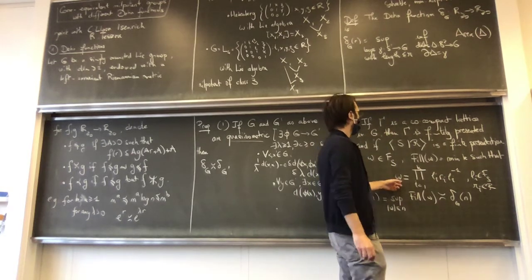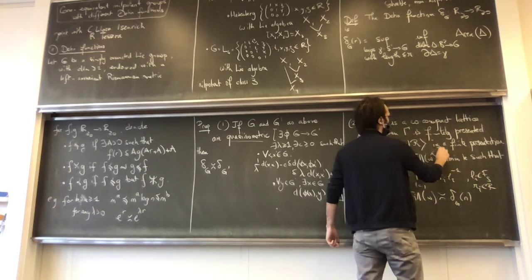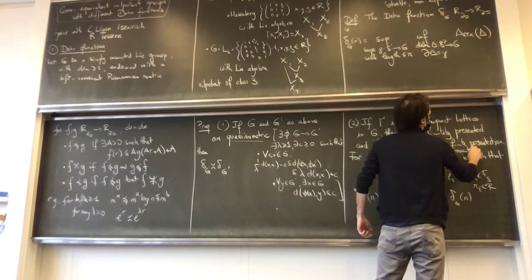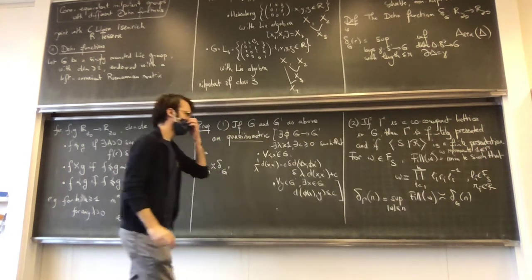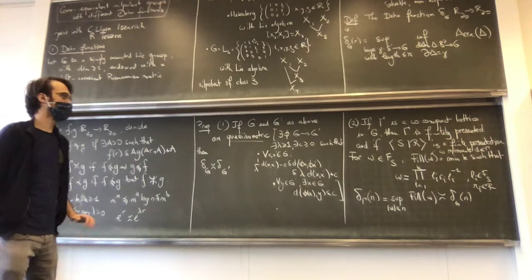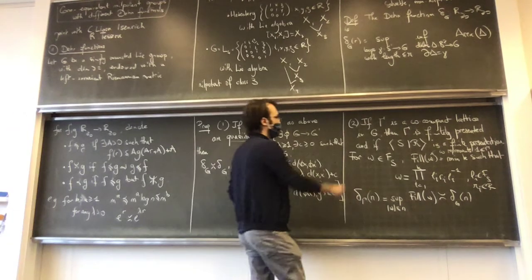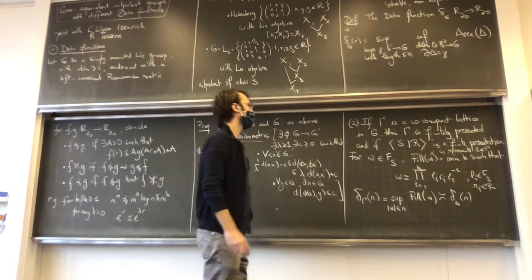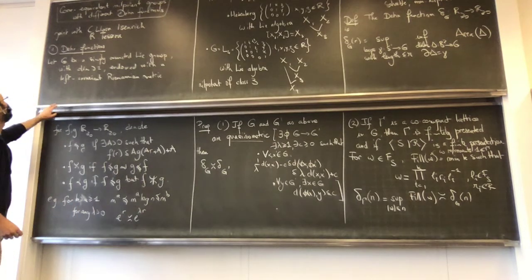This is a word in the free group, but sorry, I forgot an assumption. So omega represents 1 in gamma. Otherwise, it's not closing. So I should assume that omega is in the normal closure of R. Okay.